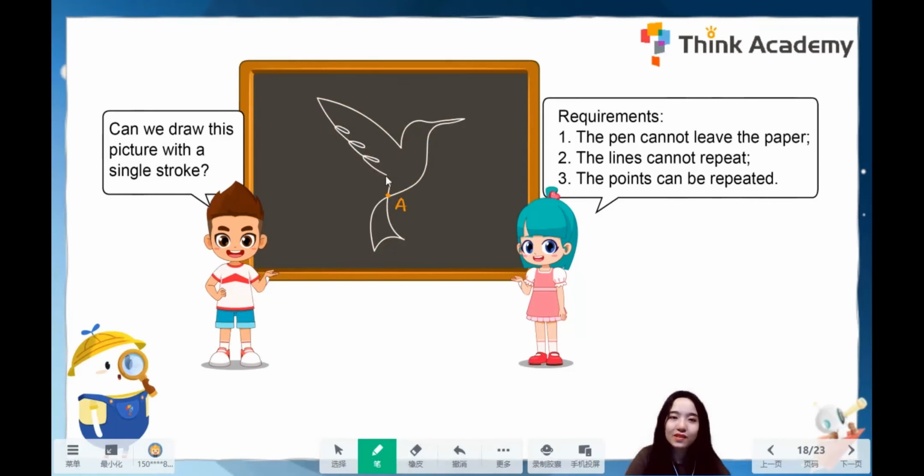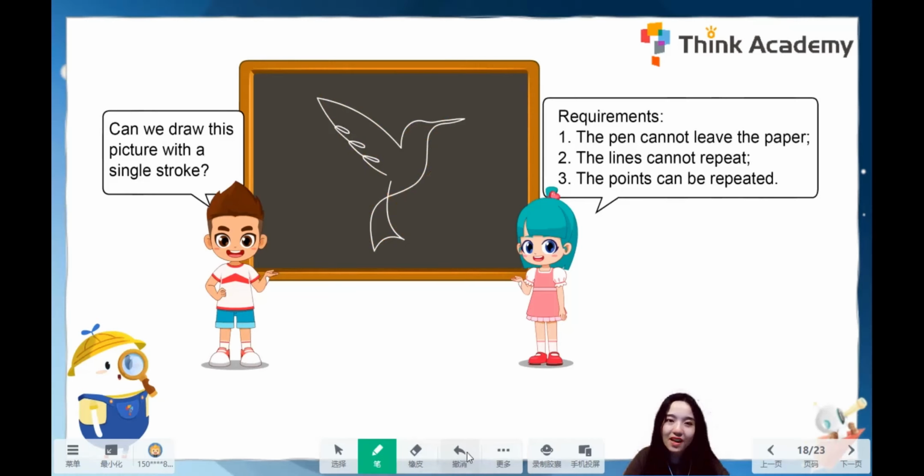Of course, you can start from another point to draw it out in one stroke. You can try these two methods by yourself, or you can check. If you start at another point, can you draw that in one stroke? Like point A, if we start from here, can we draw this whole bird in one stroke?